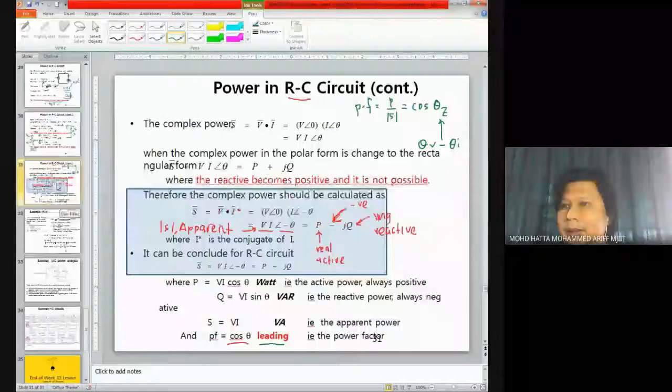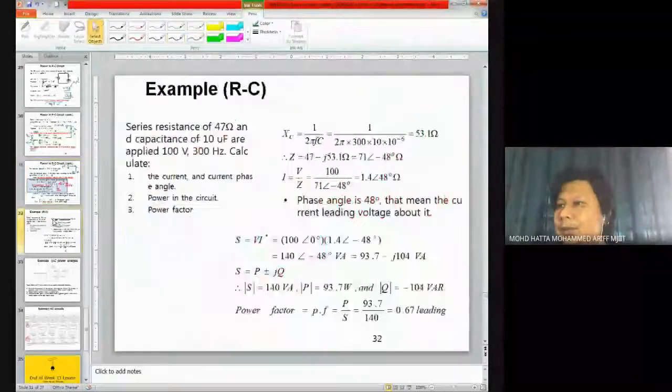And maybe later on I put it in example. I explain the example. Okay, we proceed with example.